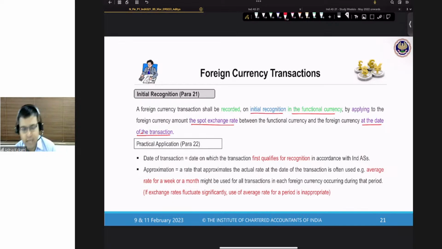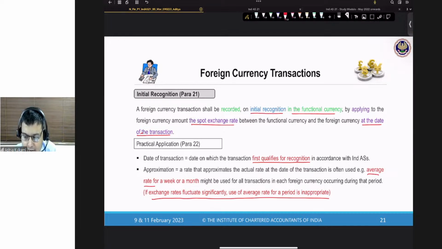The date of transaction typically will be the date when the transaction first qualifies for recognition. As an approximation, you could use an average rate also, for a week or a month. But if the rates fluctuate significantly, usage of an average rate is inappropriate.